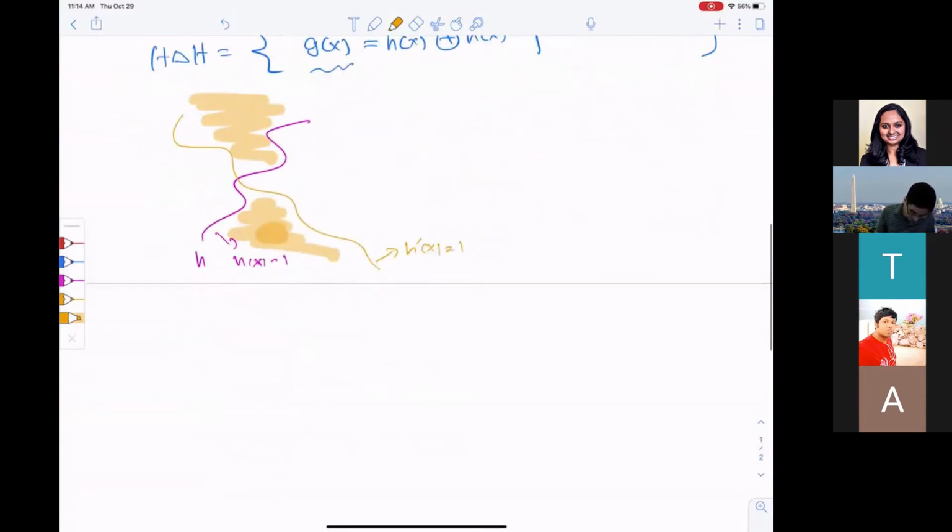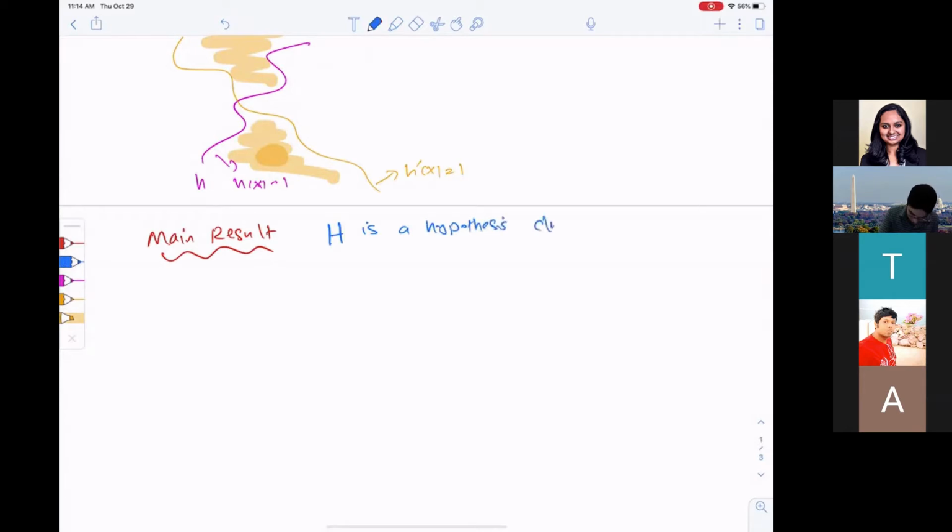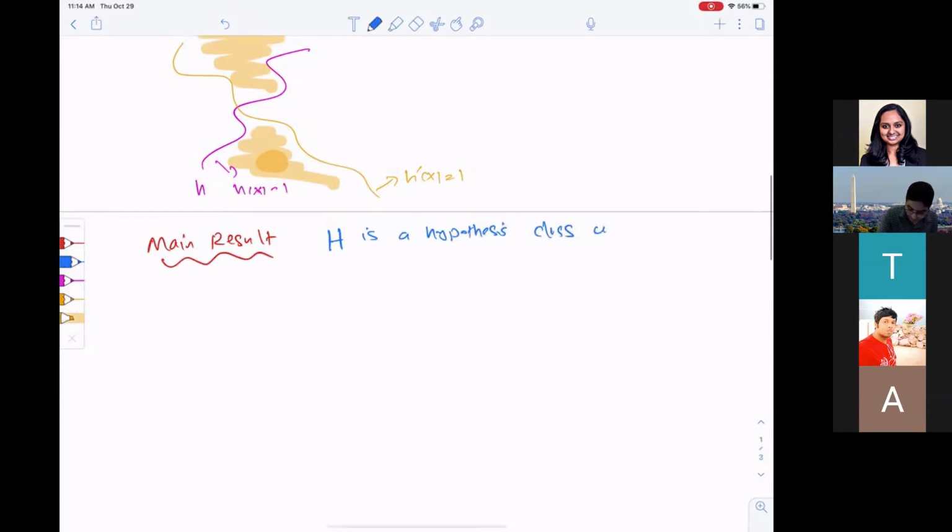So here is the main result. I think this is probably one of the most fundamental results in domain adaptation. This result has inspired many practical methods, and after this I'm going to talk about those methods. All right, so consider H as your hypothesis class with a finite complexity, let's say with a VC dimension to be d.